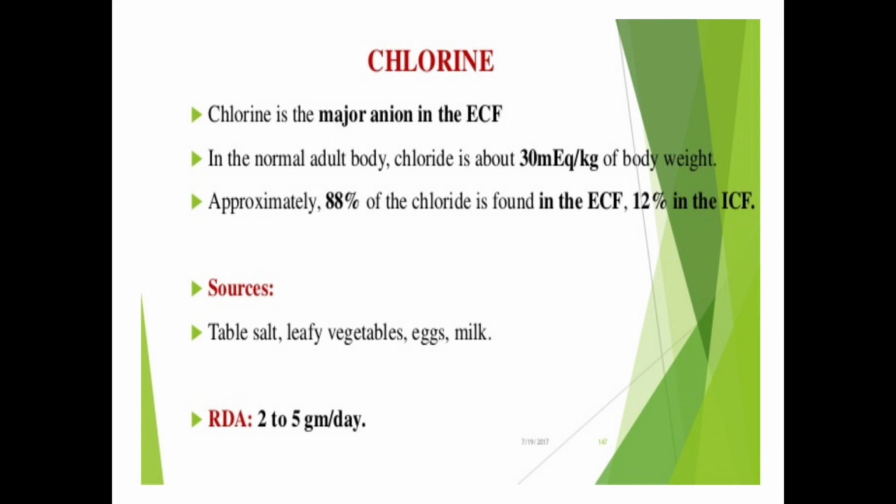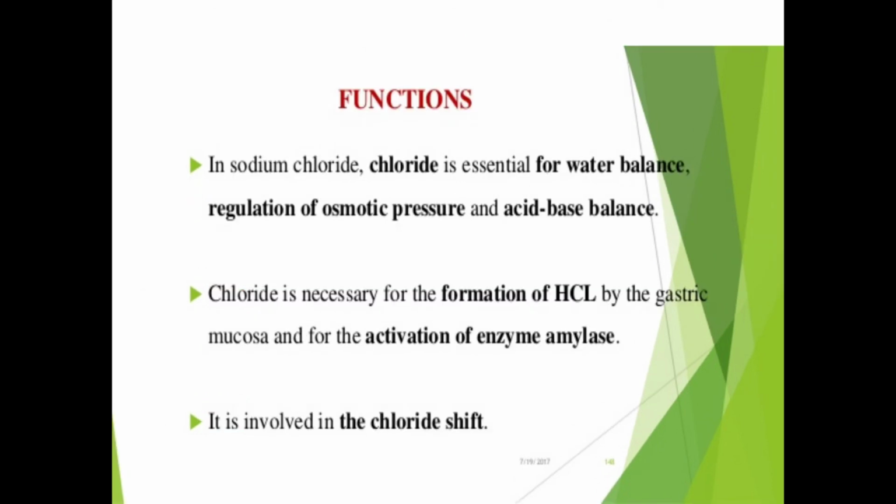Sodium and chloride are always associated. Sodium chloride is nothing but table salt. Even leafy vegetables, egg, milk, and food preservatives contain sodium and chloride. RDA is 2.5 gram per day.